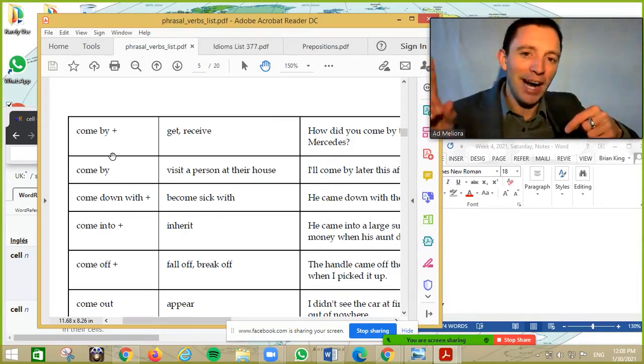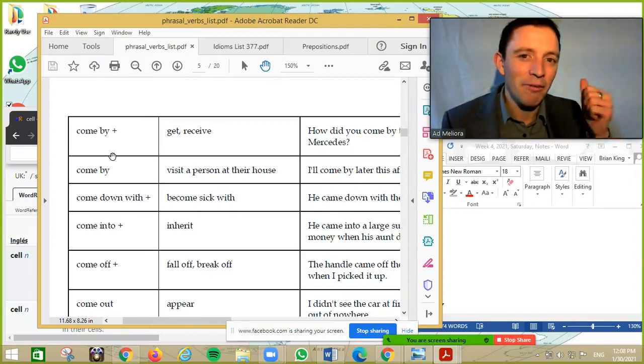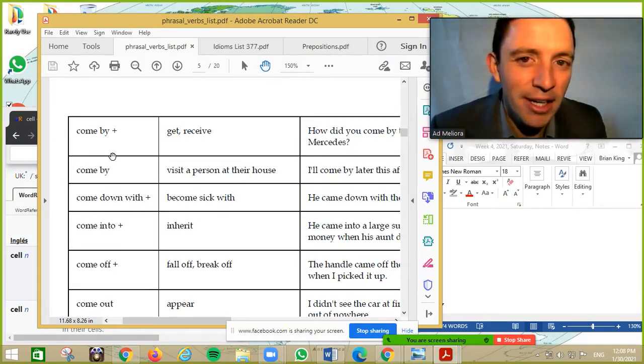And that means pasar a, pass by, because by is the preposition. But the second significance of come by is to encontrar or obtener. Very difficult. It's similar to encontrar, to find. So I go to the shop and I came by a new book. It means I found, or I received.